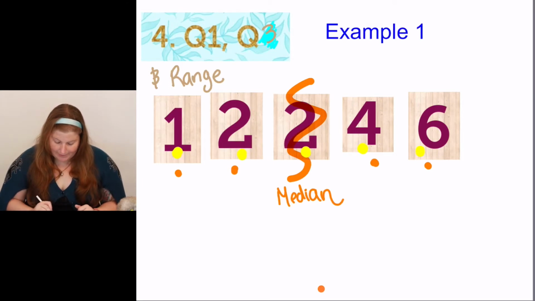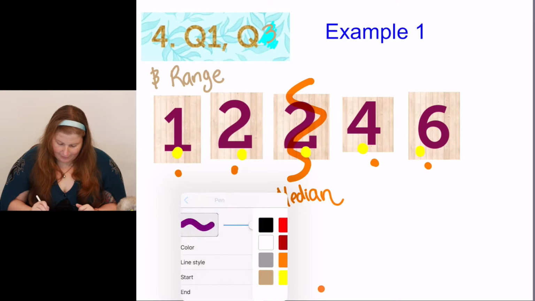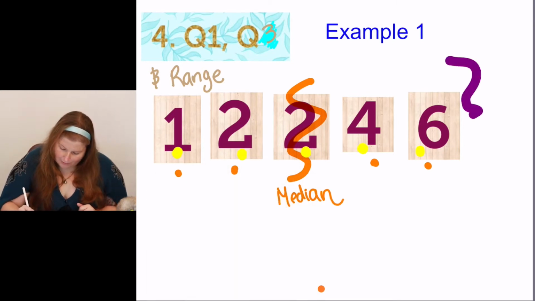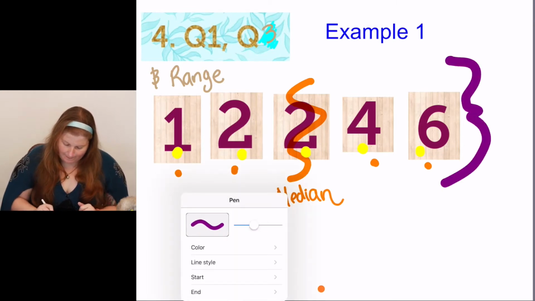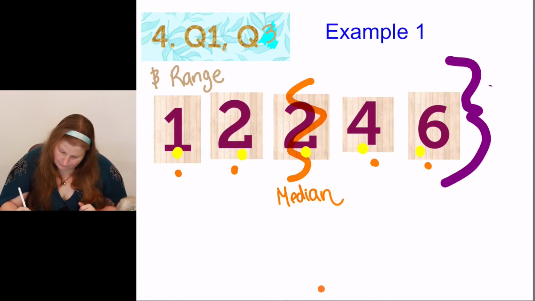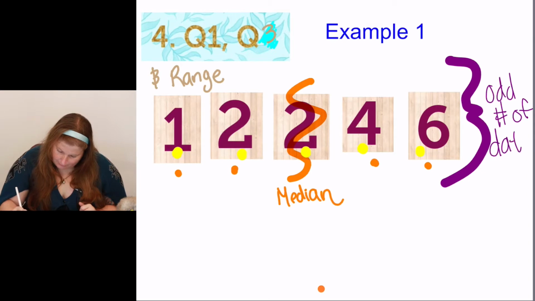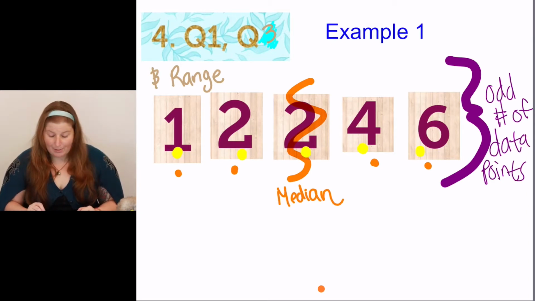Now, this is an odd number of data points. And when that happens, the number in the middle actually goes on both sides.